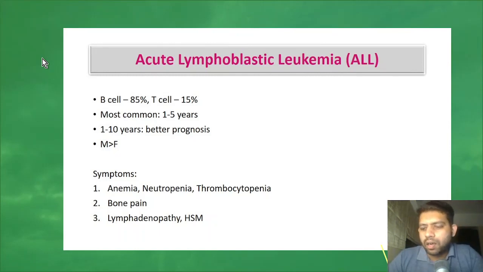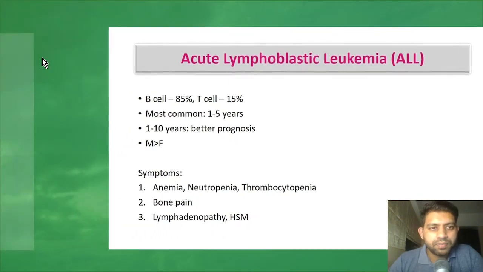But how do they present? Usually a kid presents with anemia, infections due to neutropenia, and thrombocytopenia, maybe bone pains, lymphadenopathy, hepatosplenomegaly, etc. Why anemia, neutropenia, etc.? Because bone marrow will be filled with these neoplastic cells, and other normal hematopoiesis will suffer.